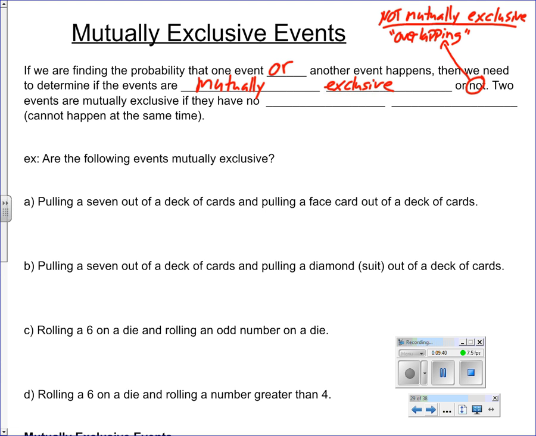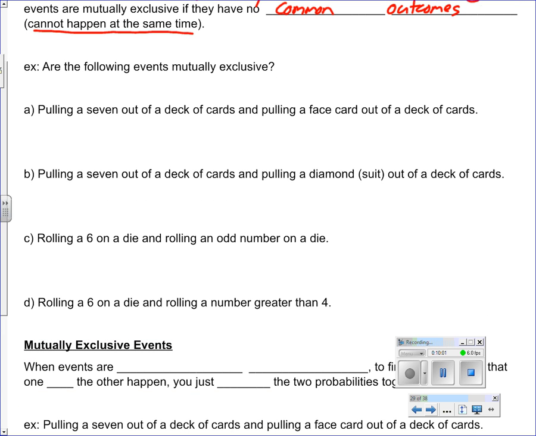So if two events are mutually exclusive, they have no common outcomes. And what that means is they cannot happen at the same time. So let's look at some examples here to explain what this means. Are these events mutually exclusive?